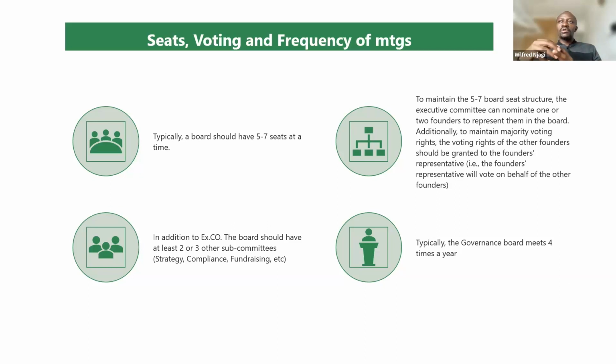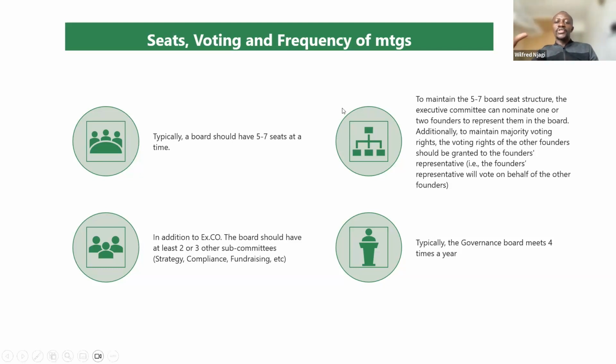So that we are not all 3 of us at the same time trying to vote and be on the board, so that we decongest the board. So sometimes you might choose, especially if you have so many co-founders, the executive committee can nominate 1 or 2 founders to represent them in the board, right?